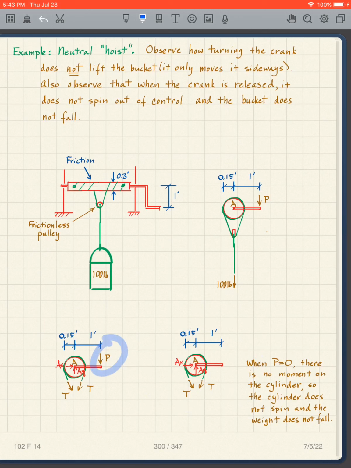I let go, I get rid of the P. I take moments about point A. And what do I see? Well, there's no tendency for it to rotate because these two cancel each other out in terms of rotation about point A. So when I let go of this thing, it's not going to spin.